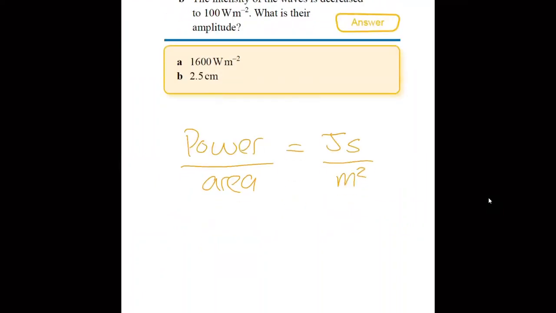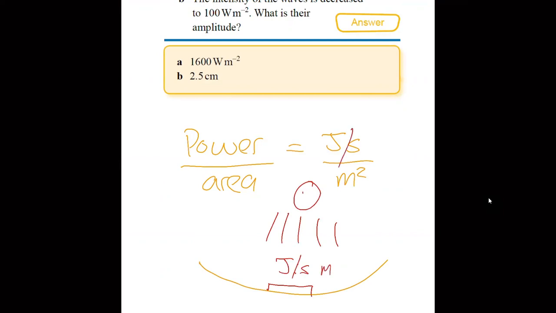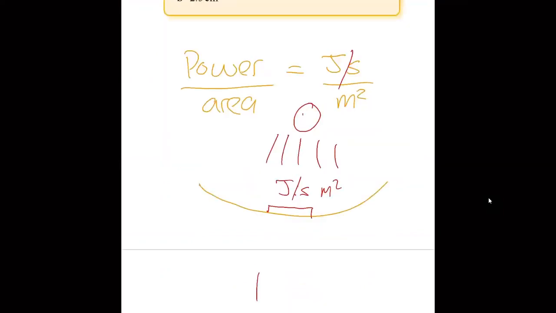If I take a certain patch of ground, and I think of light waves from the sun shining, if I take a small area here, how much energy, joules, is reaching that area per second for every meter squared? So if you think about a 1 meter squared patch of ground on the Earth, how many joules are entering that every 1 second?